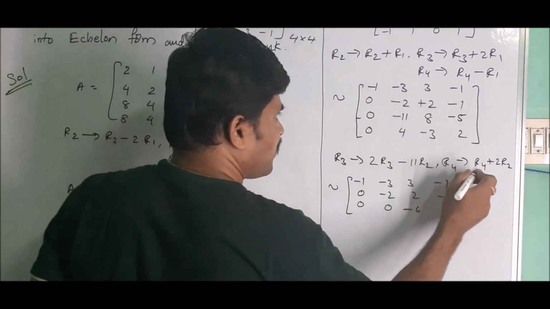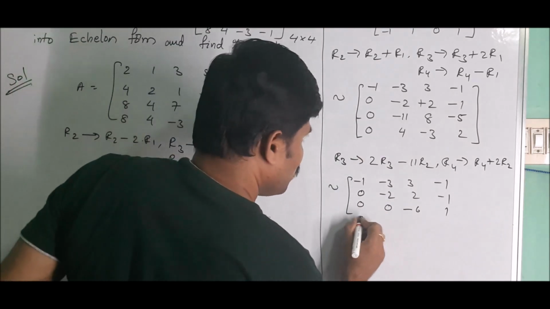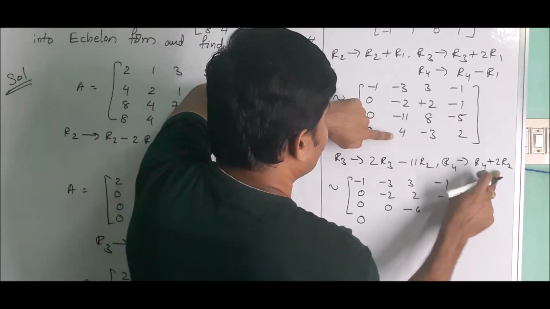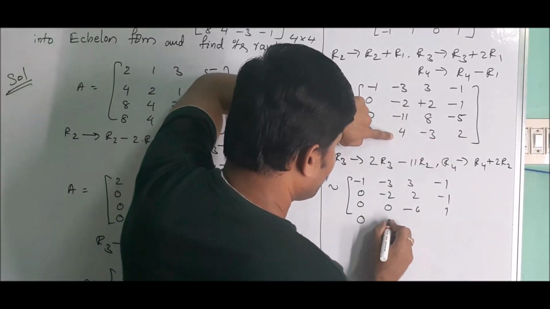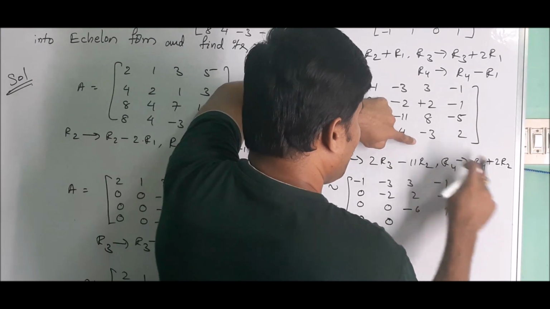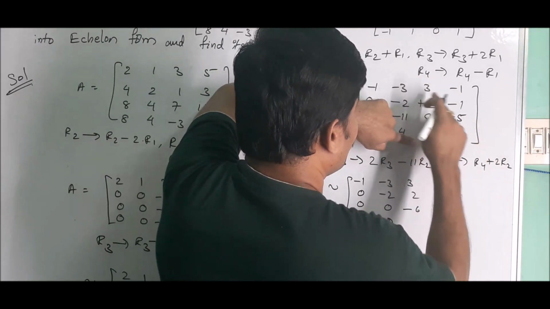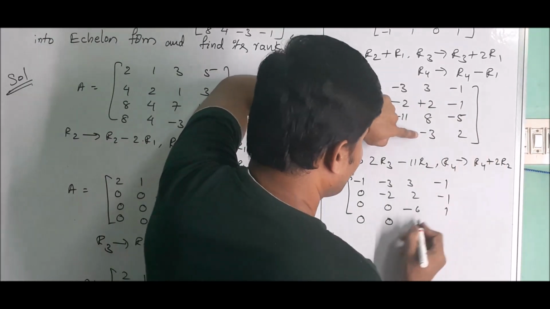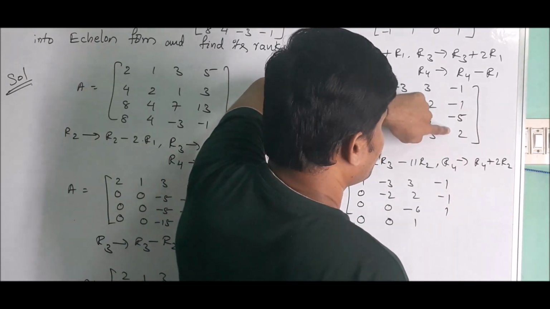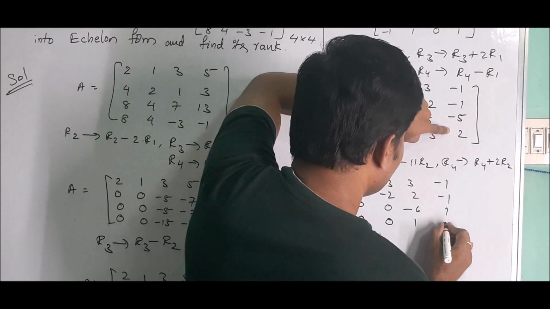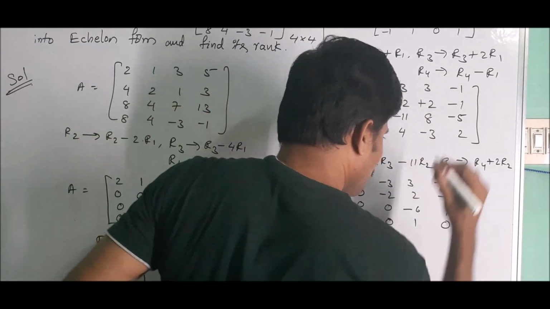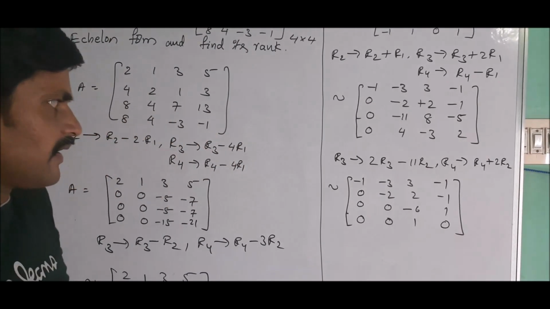Similarly, the fourth row is changed: 0 minus 0, 0. And R4, 4 plus 2 into minus 2, this is also 0. Next, minus 3 plus 2 into 2, 4, minus 3 plus 4, that is 1. Then 2 plus 2 into minus 2, minus 2, 2 minus 2 is 0. So this is the resultant matrix.